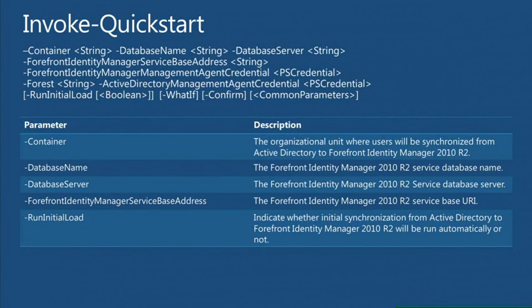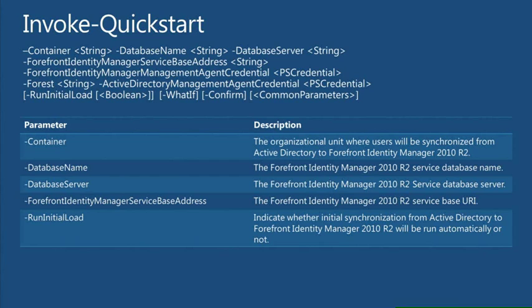Probably the way you'd want to do this is you'd pick an OU, let's say, in Active Directory, an OU that has a couple of users that you're interested in trying out password reset for. I'll specify that container. I'll specify all the databases, the addresses, the usernames and passwords from when I installed sync and service. And now when the command is done, all the initial synchronizations will have been performed.